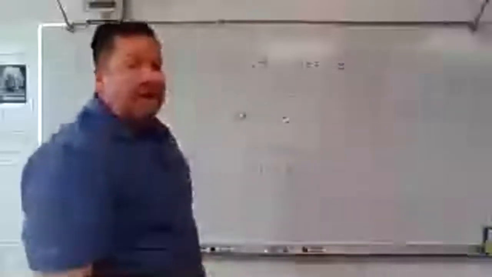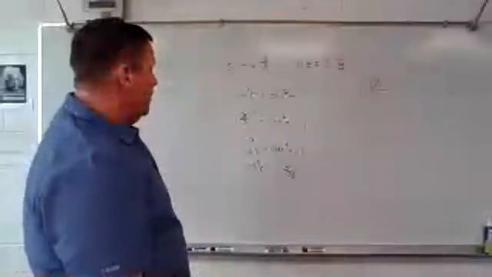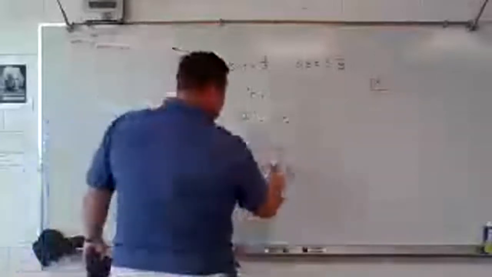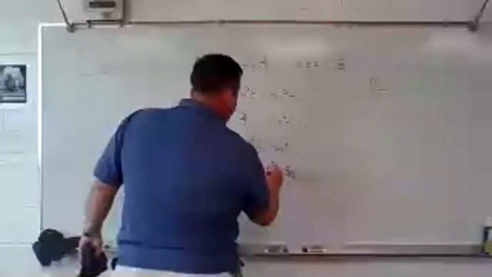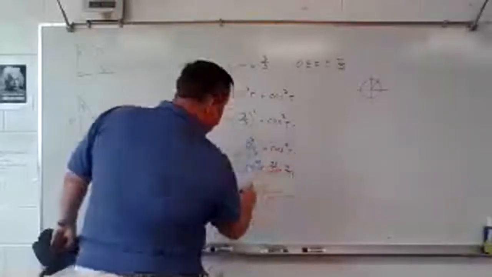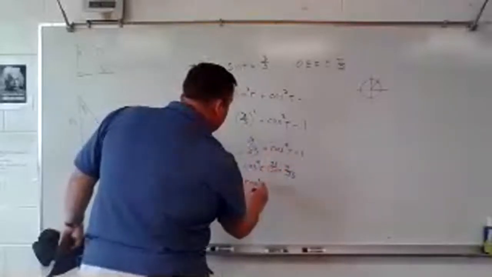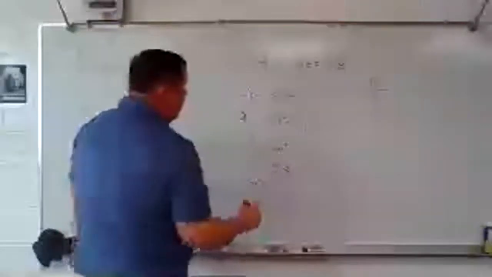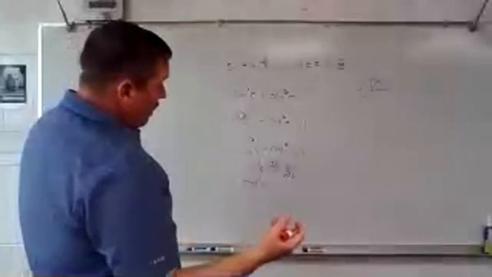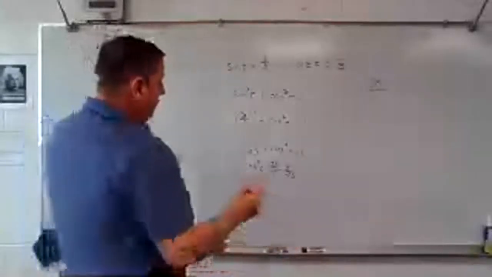I like common denominators. You guys are getting good at this. Hopefully you know 1 is 25/25. So that would mean that cosine squared t is 25 minus 9, which is 16/25.